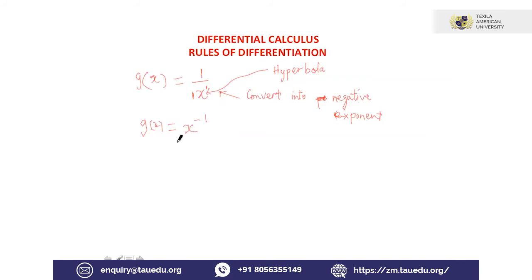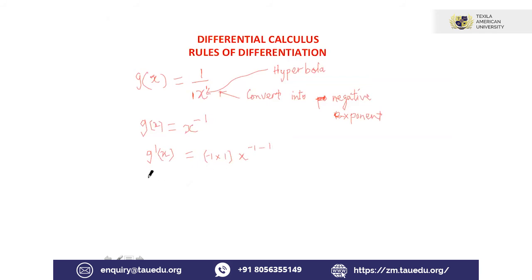Okay. Then after that, all you can do now is to derive. So g prime of x is equal to, what is the power? -1. What is the coefficient of the base? +1. Then you say the power here, which is -1, you subtract 1.